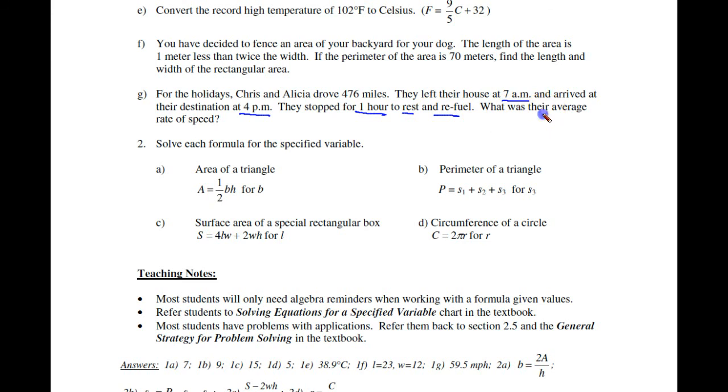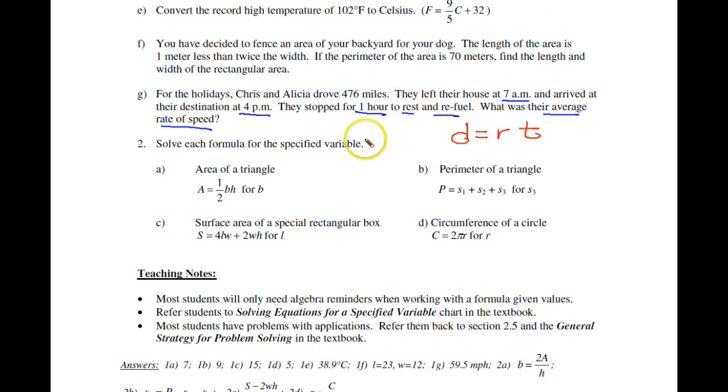What was their average rate of speed? So for something like this, which formula that we had above do you think we're going to be using? And if you said the distance formula, that is correct. Distance equals rate times time.